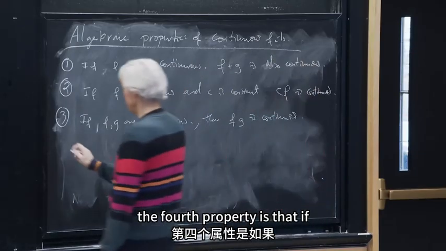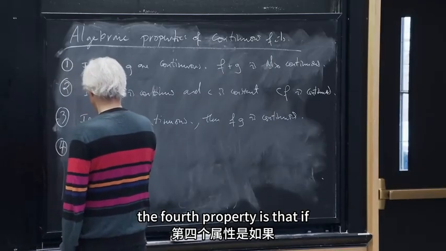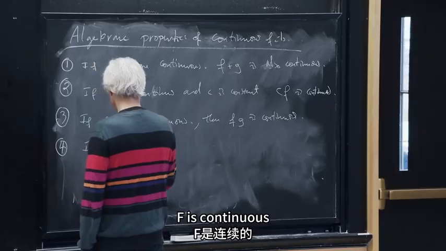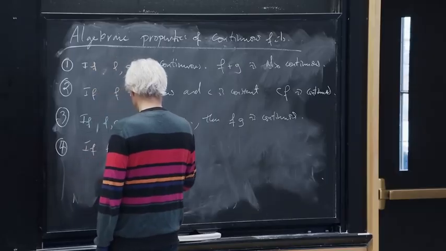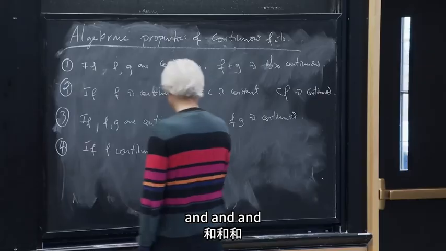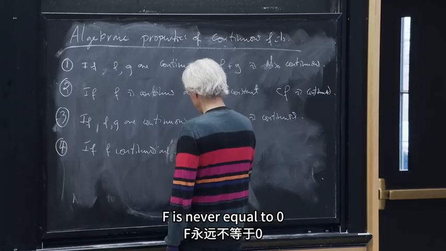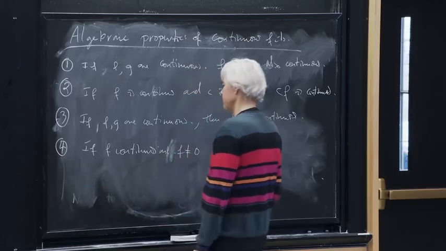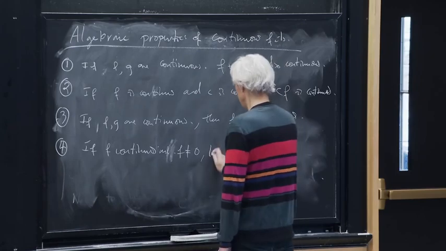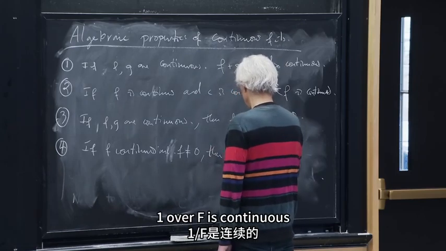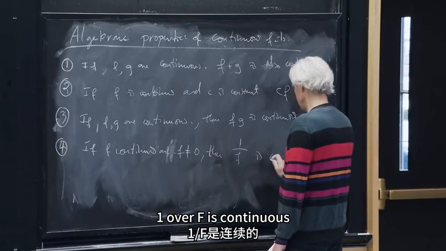The fourth property is that if f is continuous and f is never equal to 0, then 1 over f is continuous.